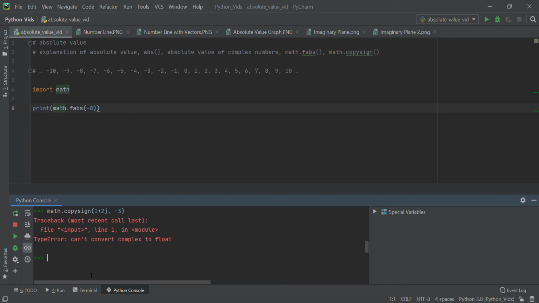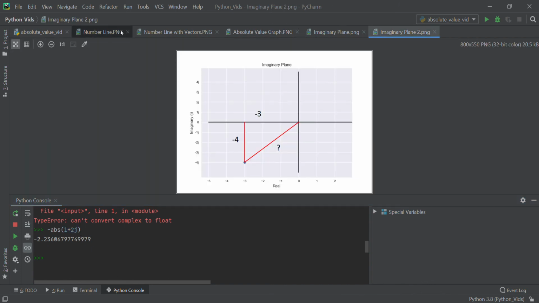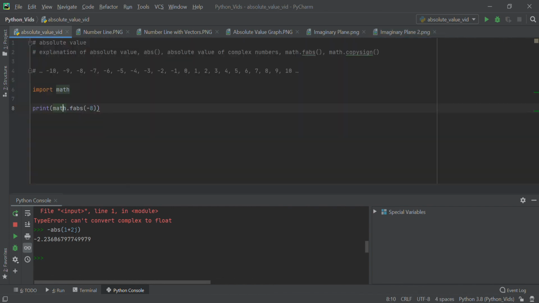You could just split that into steps and say absolute value of our number here. And then if you want it to be negative, you can just negate it. That'll take the absolute value, the magnitude, which we discussed at length with these kinds of graphs. So it's the distance that this expression is from 0, and then just negate it. And that gives you the negative absolute value. So depends on what you're doing, but that's one thing that you could try. That could be a workaround if that's what you wanted to do.